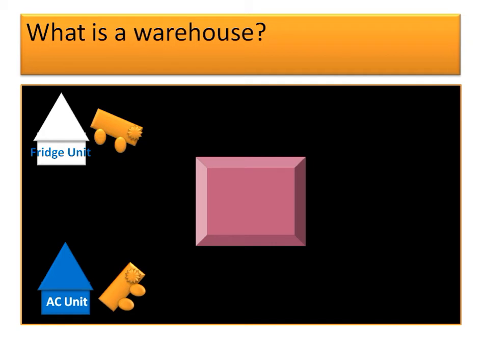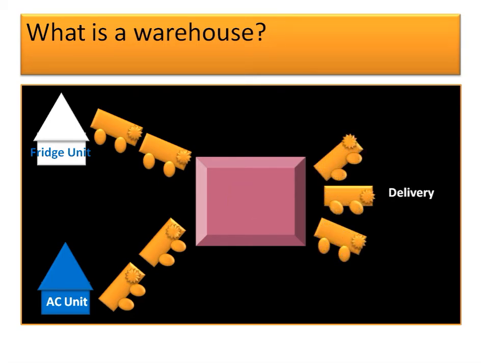So what is the process they are following? Once the fridge or AC manufacturing is done, they will move the products from the manufacturing unit to a single place. From that single place, once the sales team finds an order, they will take it for delivery.